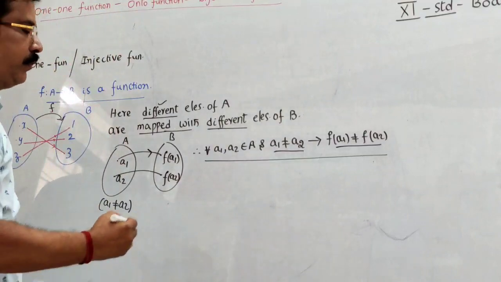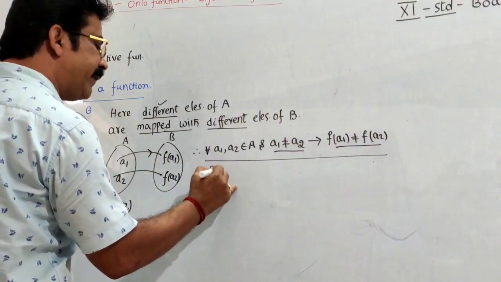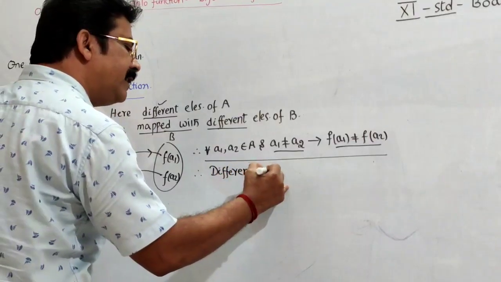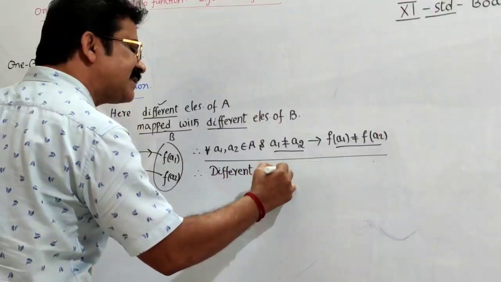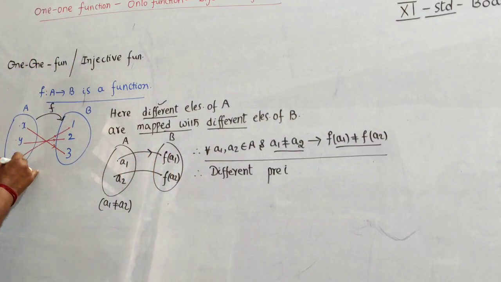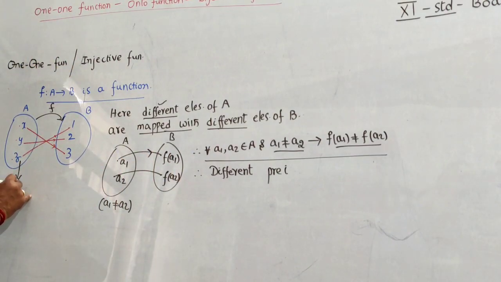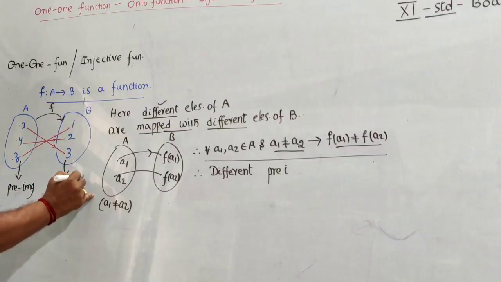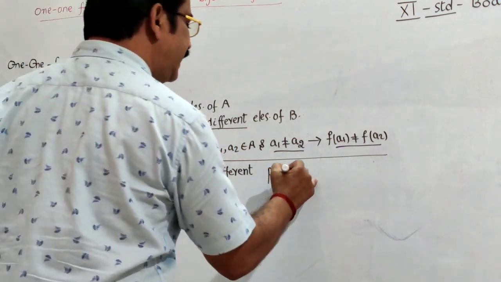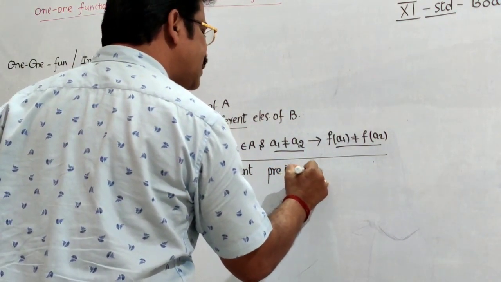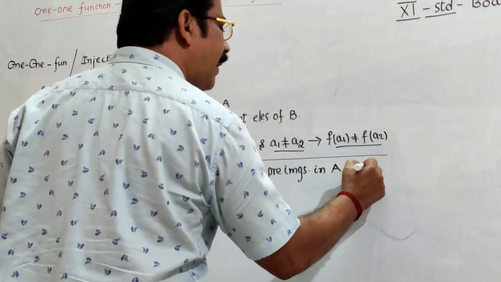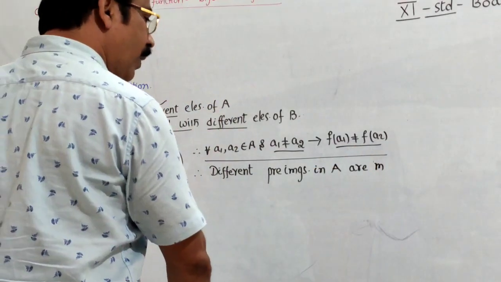So therefore, different elements means pre-images. Already I said this is the pre-image set. This one is the image set. Different pre-images in capital A are mapped.